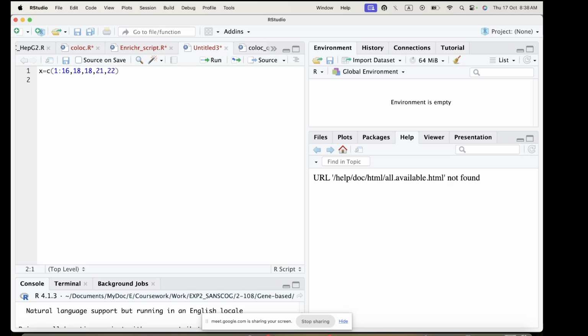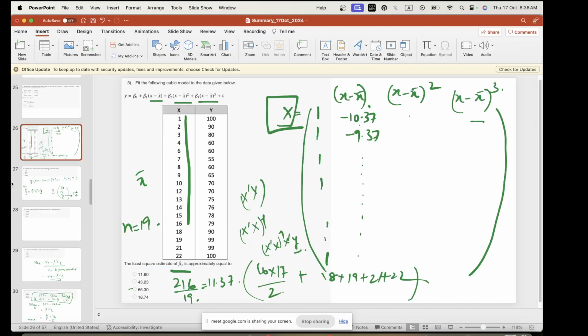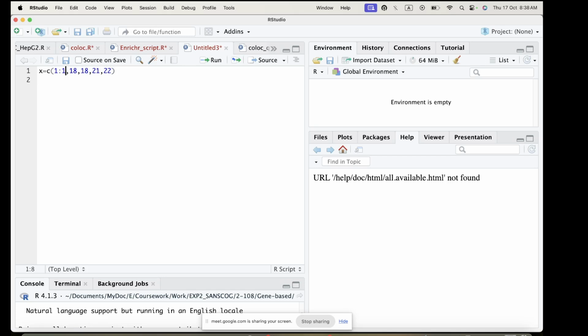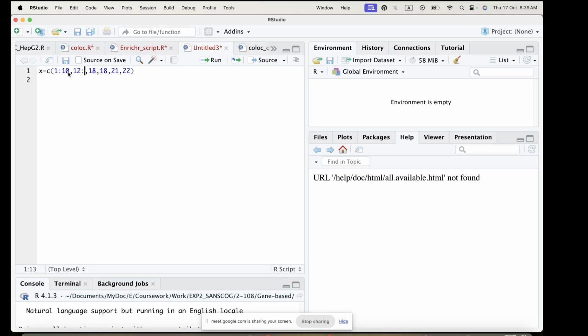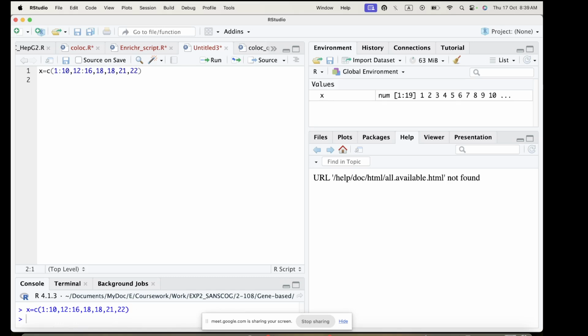And also, I have 9, 10, 12. 11 is missing. So till 10 we have, then we have 12 to 16. Then 18, 19, 21, 22. So we have 19 observations.